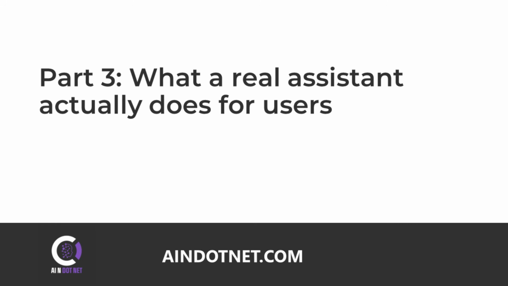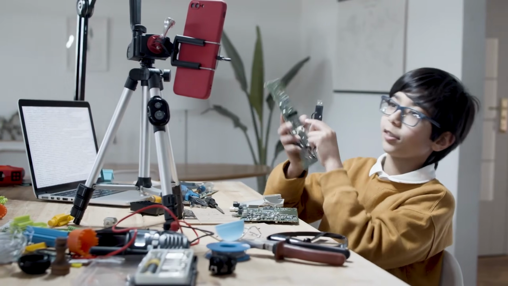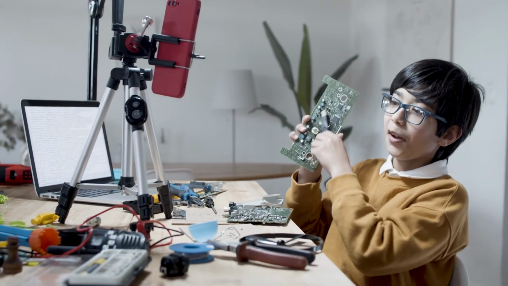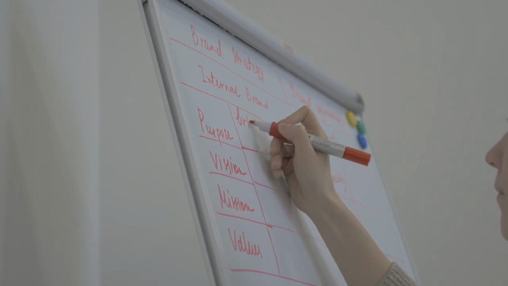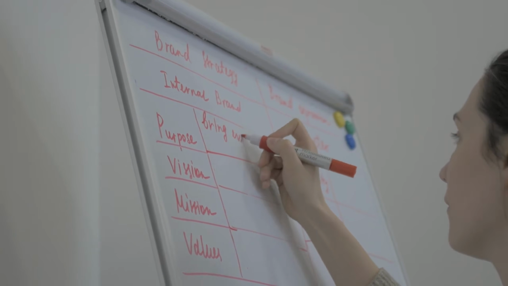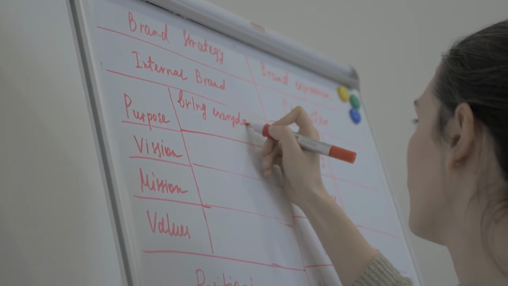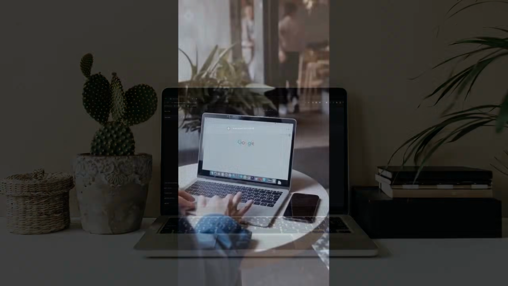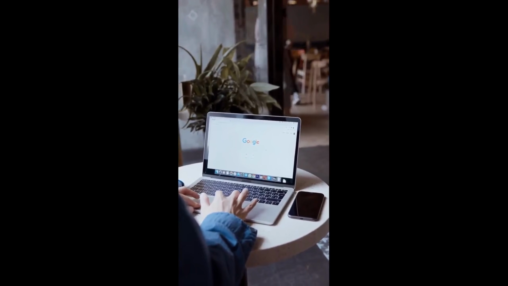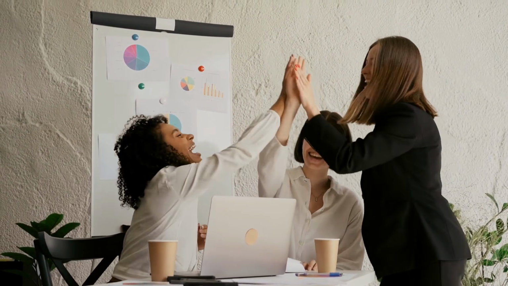Part 3. What a real assistant actually does for users. A real AI assistant excels at assistance, not automation. Inside an enterprise .NET application, that typically means explaining what the system can do, translating natural language into valid operations, summarizing complex results, surfacing relevant records, guiding users through unfamiliar workflows, reducing cognitive load.